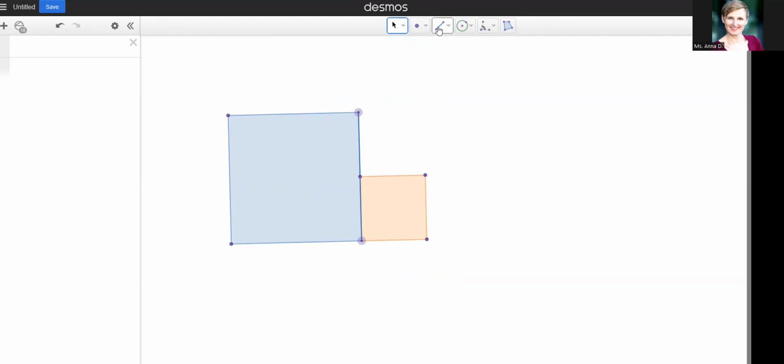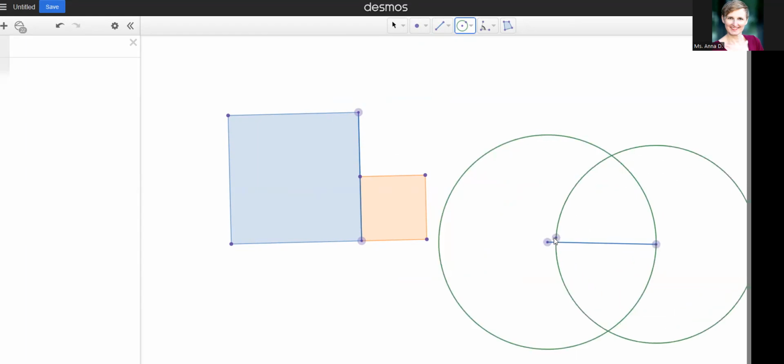Next thing we did, we constructed an equilateral triangle, I think using a starting segment and 2 circles.